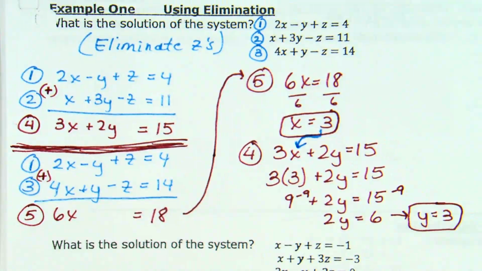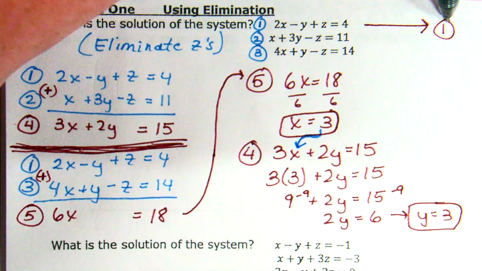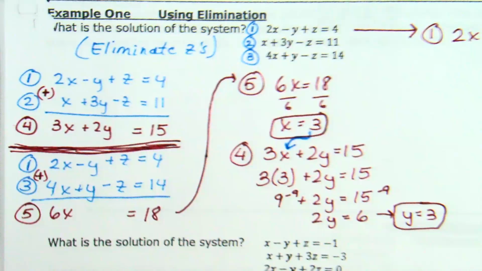Okay, we're going to take x and y and plug into an equation with a z, which could be 1, 2, or 3. Do you think it's going to matter which equation we use? No. This is the same old tune that you always hear: which one looks easiest to you? Right? Okay? They all have a minus in there somewhere. It doesn't really matter. I'll go with Dietrich's 1. So if I'm using equation 1, 2x minus y plus z equals 4.